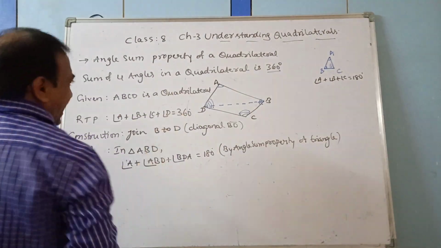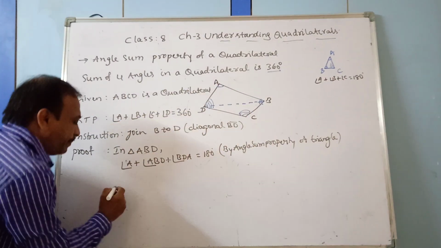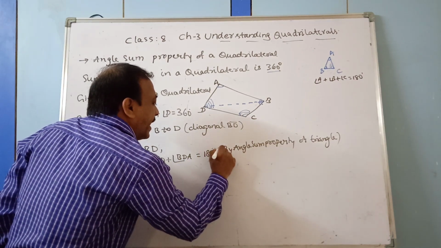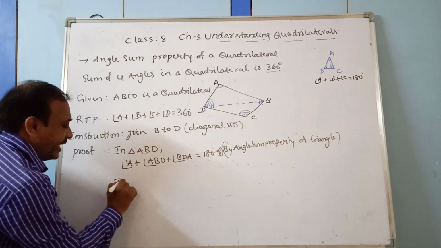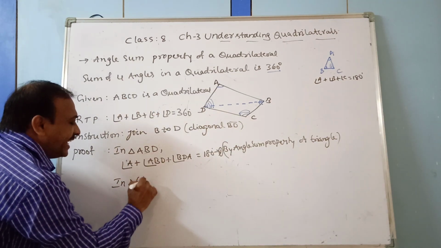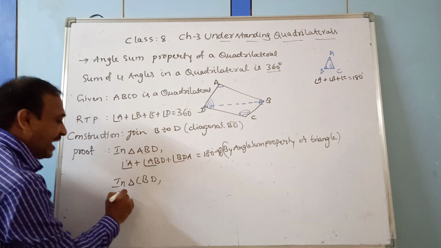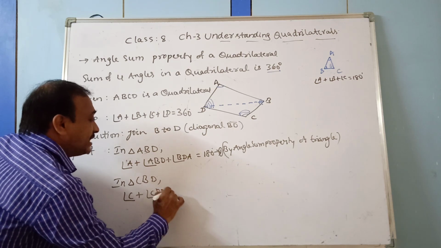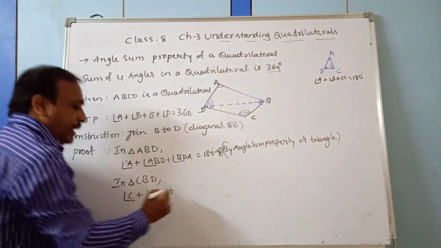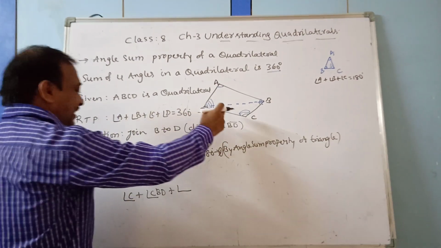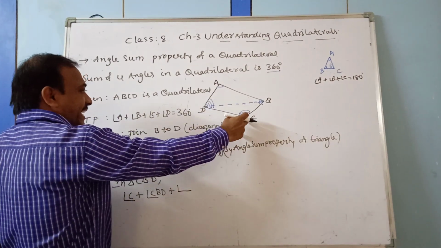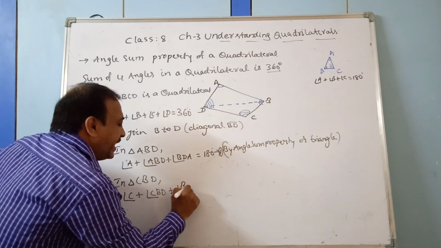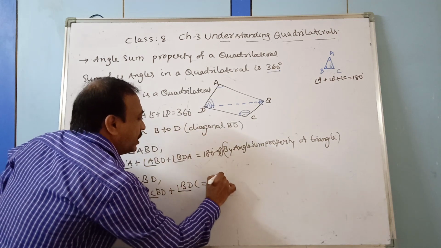Let this be equation 1. Now in triangle CBD, again angle C plus angle CBD plus the third one, angle BDC, is equal to 180 degrees.